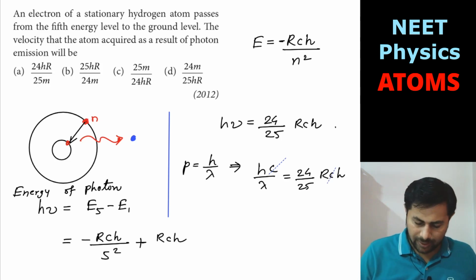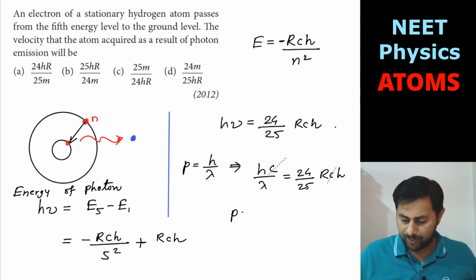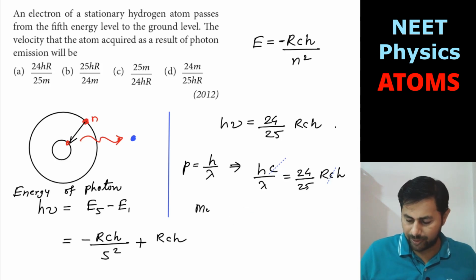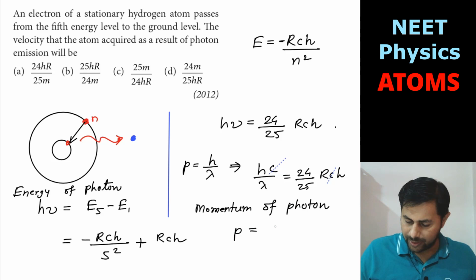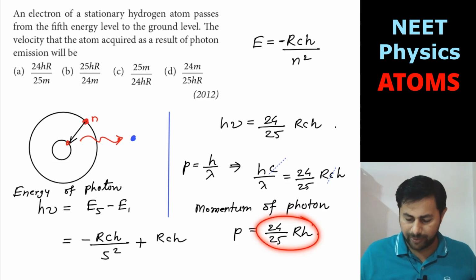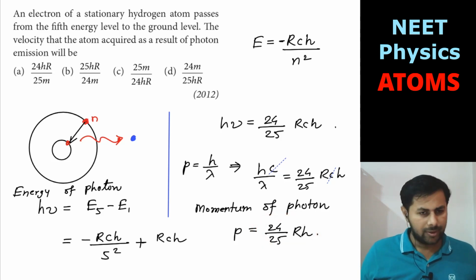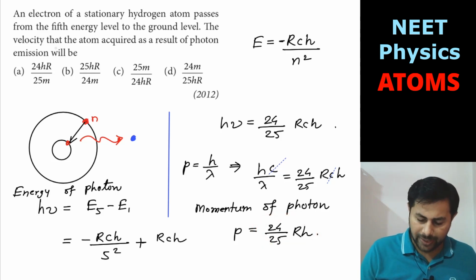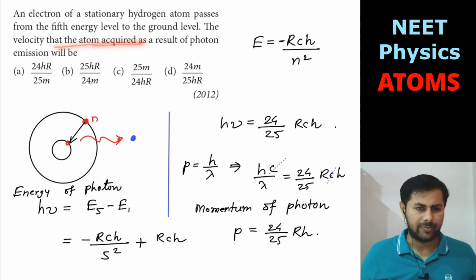And h by lambda is P, momentum of photon. So P is just equal to 24 by 25 times RH. But this is momentum of photon. You want velocity acquired by atom.